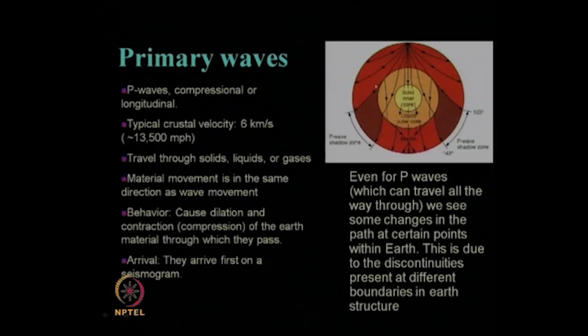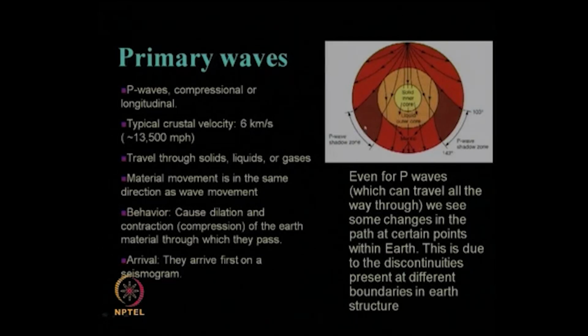Okay? So, finally, you will see there is a certain location on the earth where the P wave will never arrive. That is called the shadow zone. Shadow zone means in that zone no P wave will arrive, that is the P wave shadow zone.